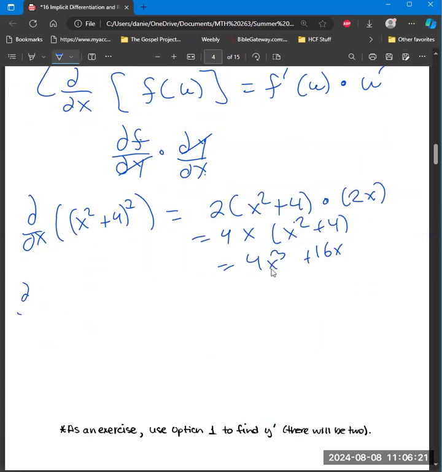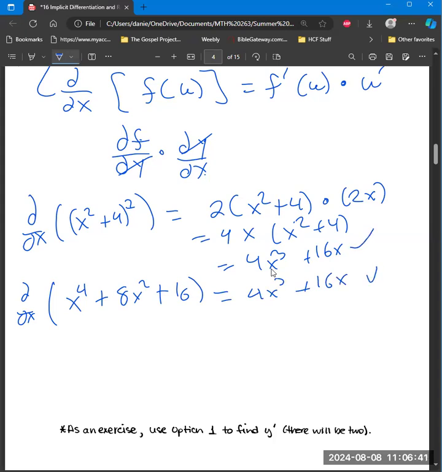If I expanded all that to try and do this without using the chain rule, this would be x to the 4th plus 8x squared plus 16. And that would be 4x to the 3rd plus 16x as well. Answers match.